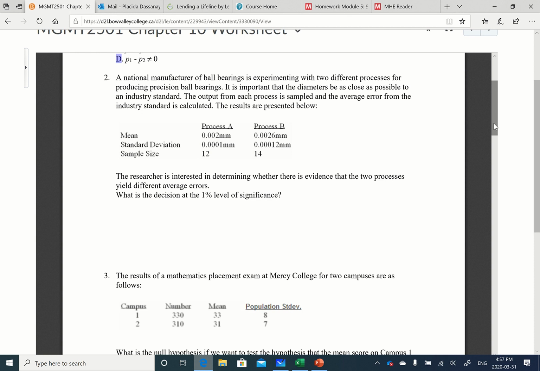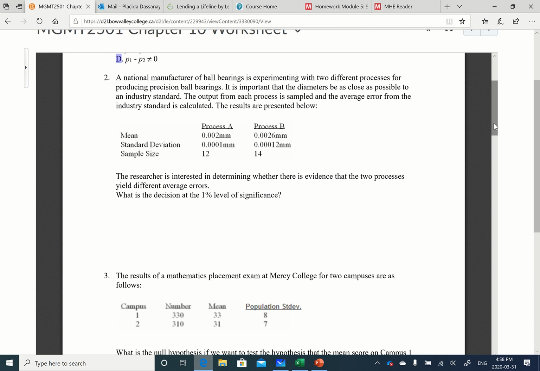So the output from each process is sampled. The average error from the industry standard is calculated. So they have used 2 different processes to manufacture ball bearings, and then for each process they are going to compare the average error, right?